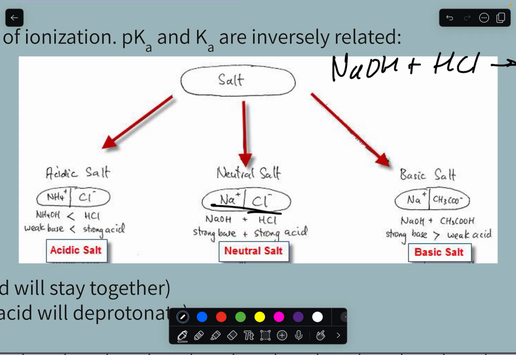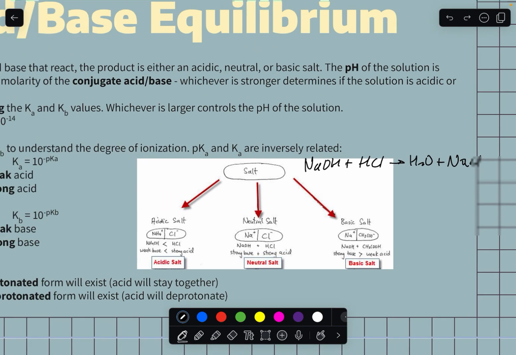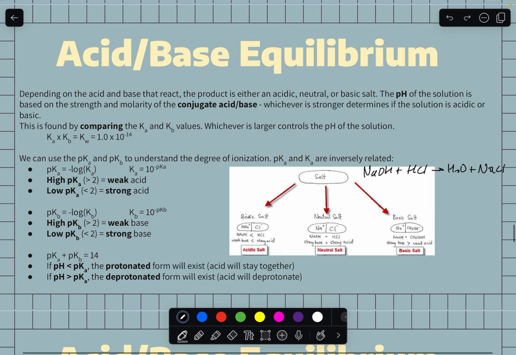If it's neutral, Na plus and Cl minus, those are both neutral ions, so it's a neutral salt and the solution is going to be at pH 7. If you have a basic salt, like CH3COO minus, that comes from an acid, so it's a basic salt, and your solution at the end is going to be basic. So the solution at the end is determined by whatever salt you make.